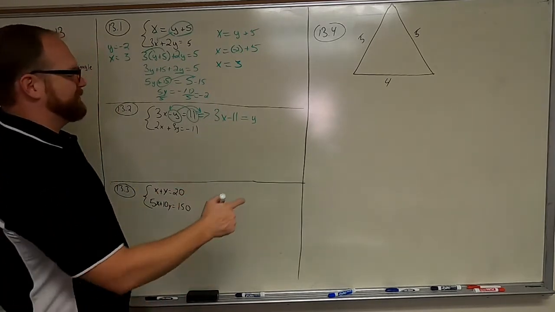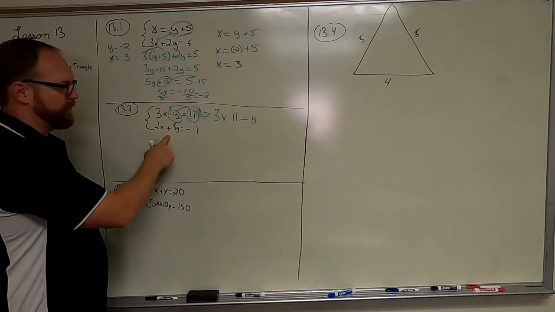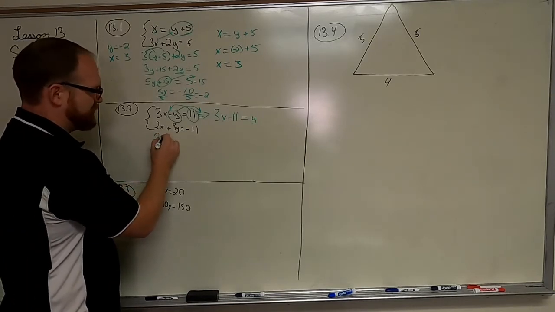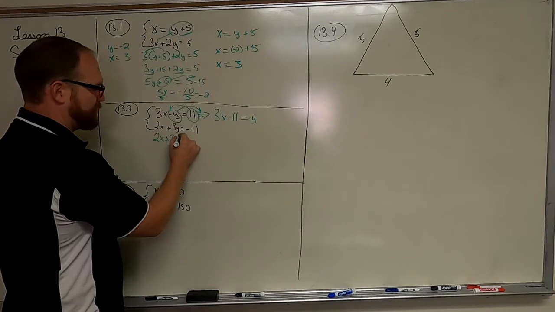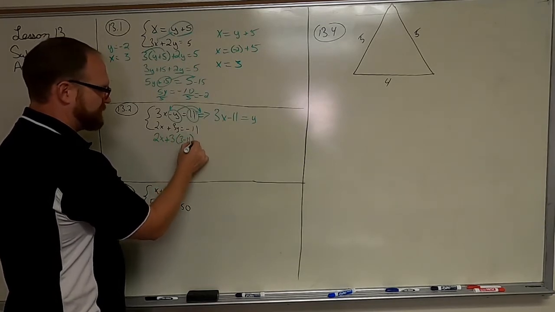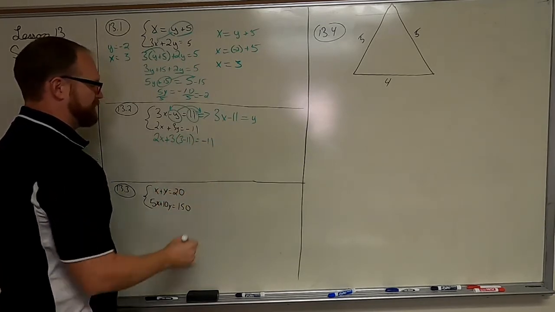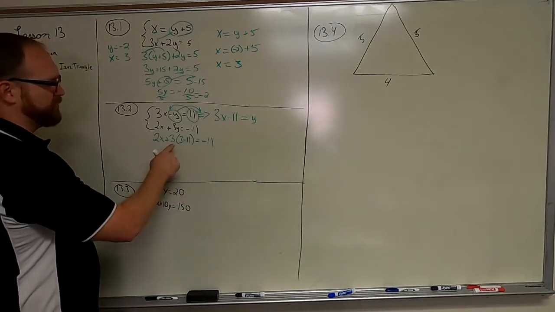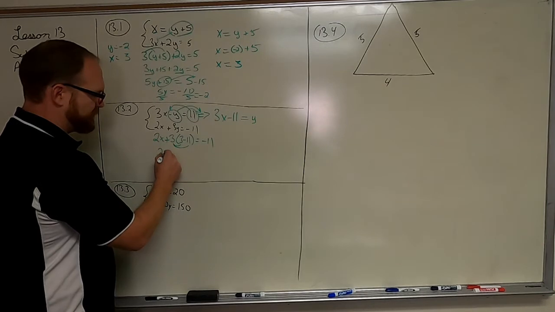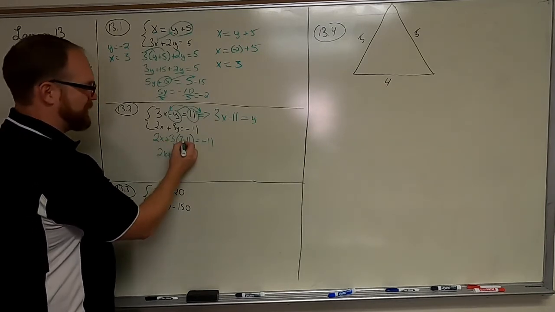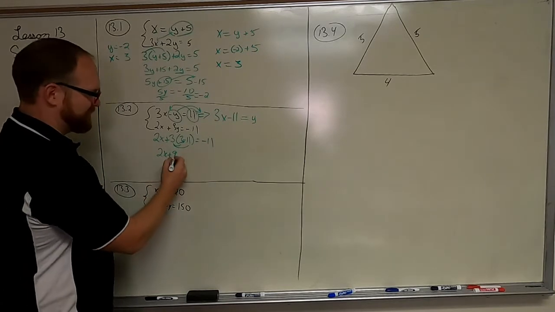Now I can take that and plug it into my equation here. So 2x plus 3, not y, but 3x minus 11 equals negative 11. I'm going to go ahead and multiply using my distributive property right here. 2x plus 9x, let me throw that in there, but I don't want to miss that.